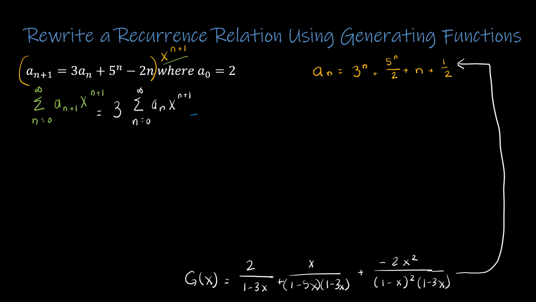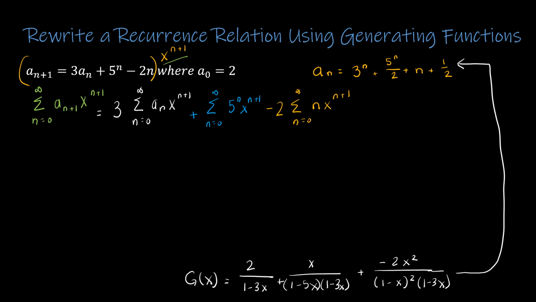And then I've got plus 5n, so that's the summation as n goes from 0 to infinity of 5 to the n x to the n plus 1. And then I have my last one, which is minus 2, and then the summation as n goes from 0 to infinity of n x to the n plus 1.